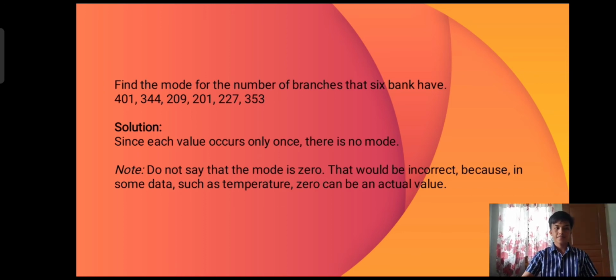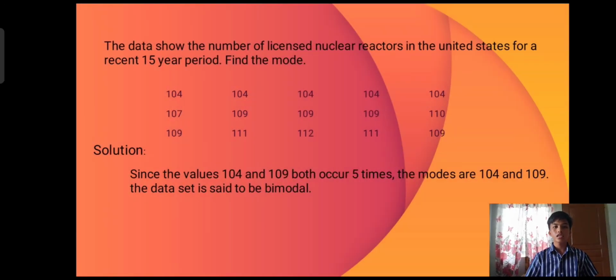Next, the data show the number of licensed nuclear reactors in the United States for a recent 15-year period, and we find the mode. So 104, 104, 104, 104, and so on.